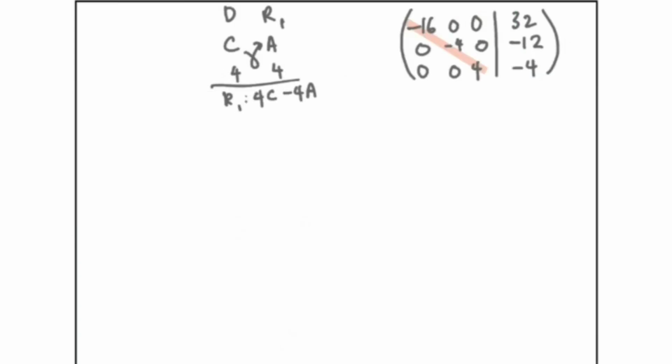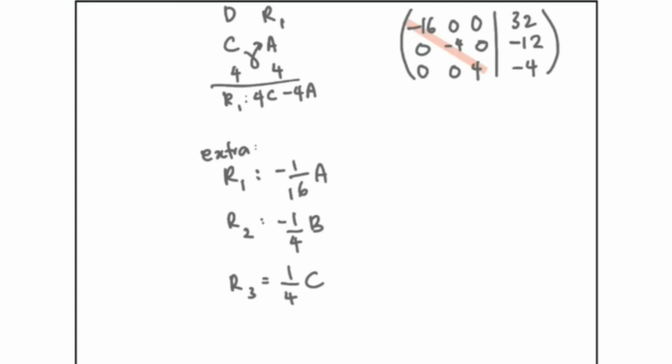Sekarang tinggal nak ubah diagonal. Okay, kita nak darabkan entries dekat diagonal tu dengan berapa untuk ubah dia jadi 1. So untuk R1 kita akan buat negatif 1/16A, dan R2 kita akan buat negatif 1/4B, dan R3 kita akan buat 1/4C.